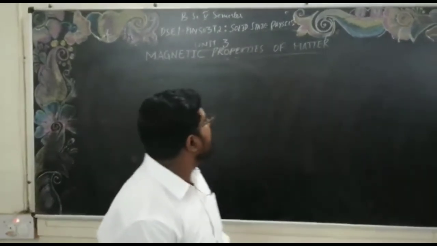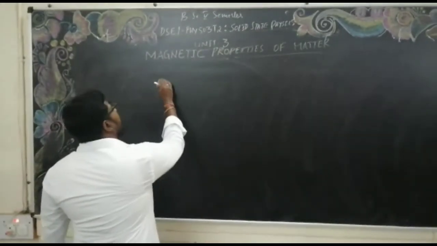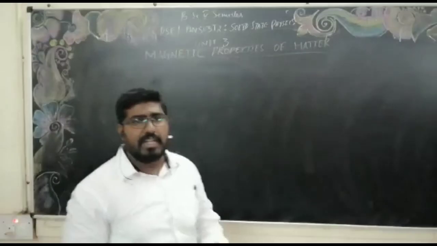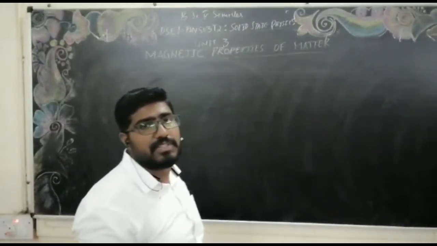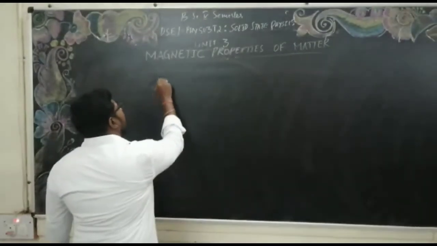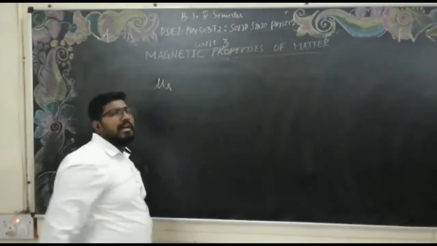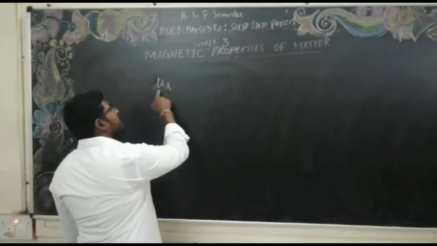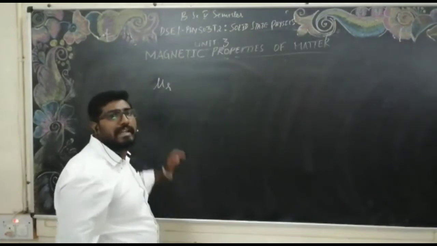Therefore, materials are classified depending upon the relative magnetic permeability. That is what we call the substance classification.